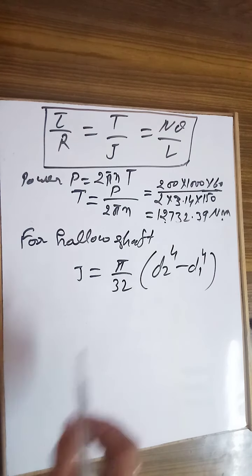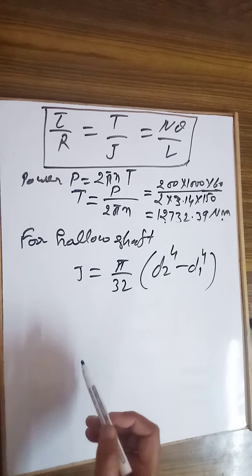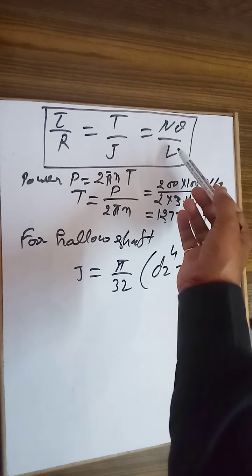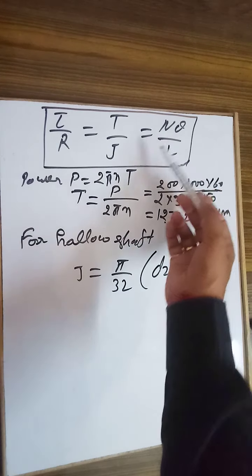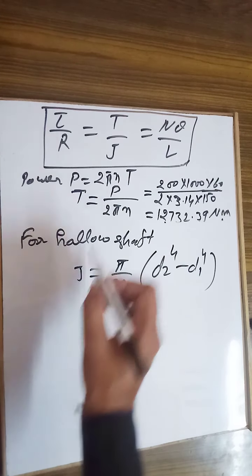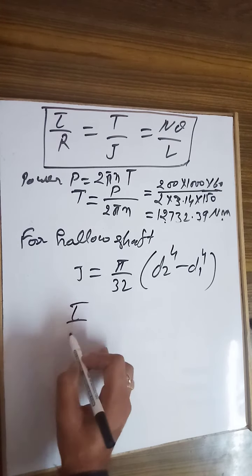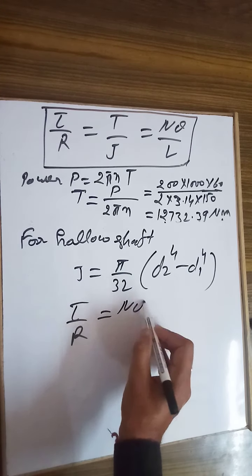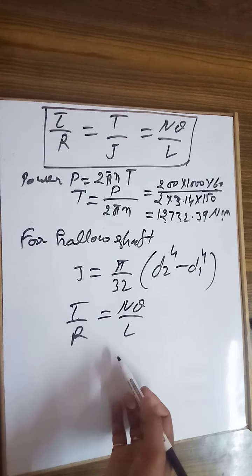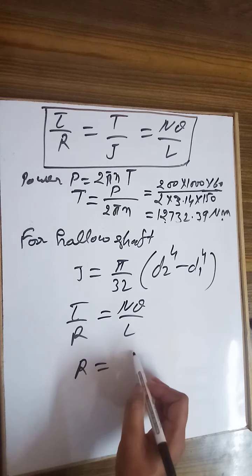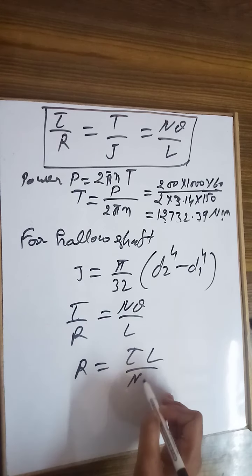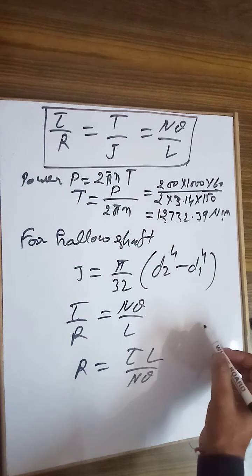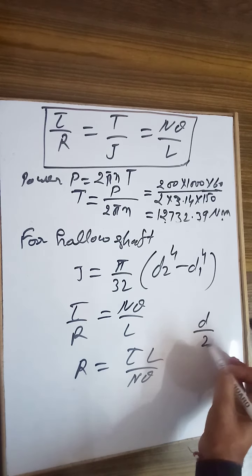And from a previous equation, we can say this R can be calculated in terms of this. It is tau by R is equal to N theta upon L. So from this we can say R is equal to tau L upon N theta. R is D by 2.